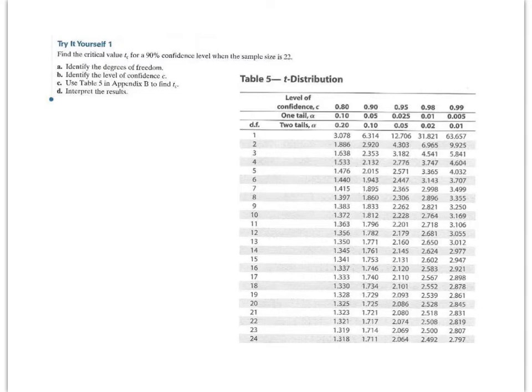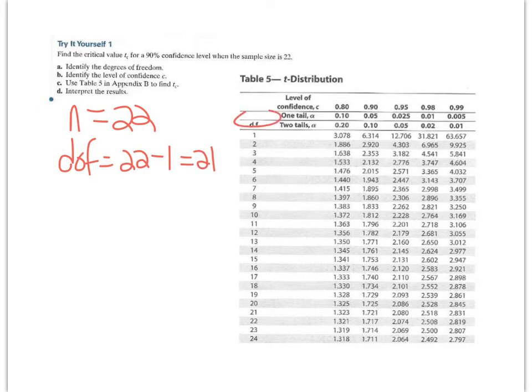Find the critical value t sub c for a 90% confidence level when the sample size is 22. So identify the degrees of freedom. N equals 22. So our degrees of freedom, our DOF, is going to be 22 minus 1, which equals 21.